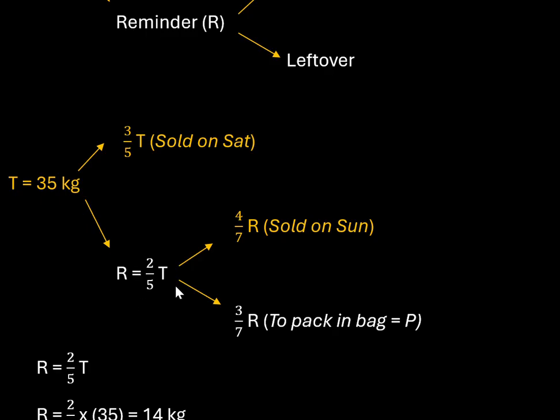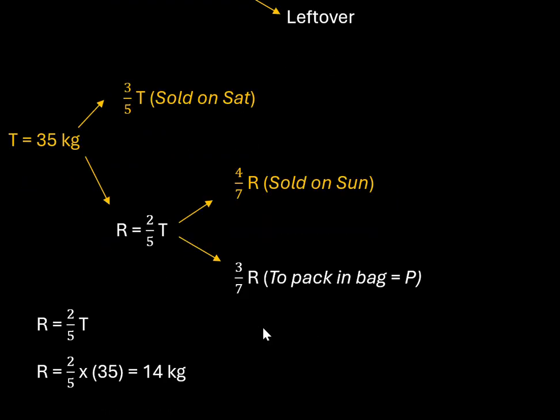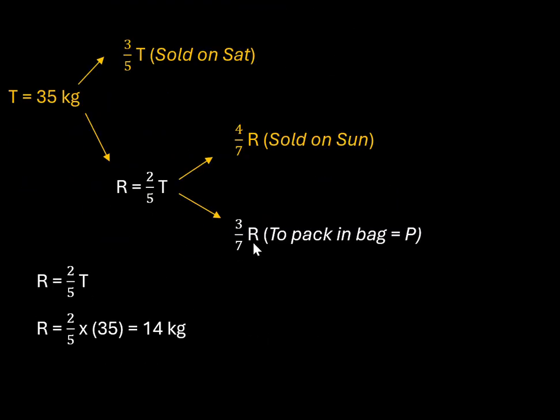Once with that, if 4/7 of the remainder are sold on Sunday, then 3/7 of the remainder has to be whatever is left over for the character to pack into the bags. So now we know that R is equal to 2/5 of T. Then if we substitute T is 35 kg, we get R is equal to 14 kg.